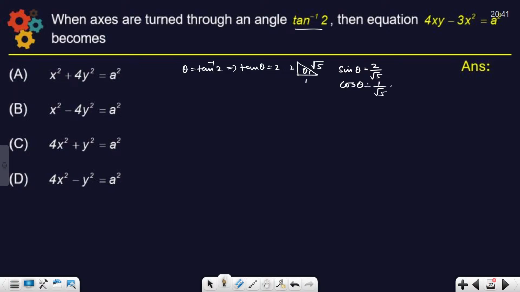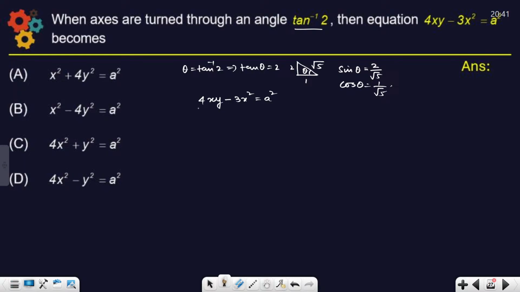Okay. Now the question is, when the axes are turned through this angle, what is the equation? 4xy minus 3x square equals a square. This equation will become which equation?